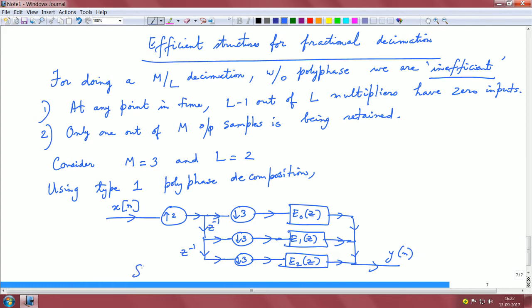This is one structure. Call this structure A, and this is exploiting the decimator.